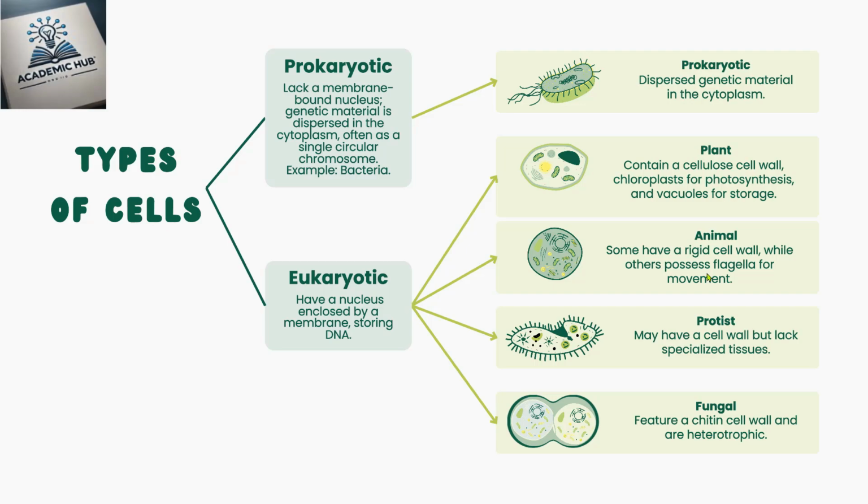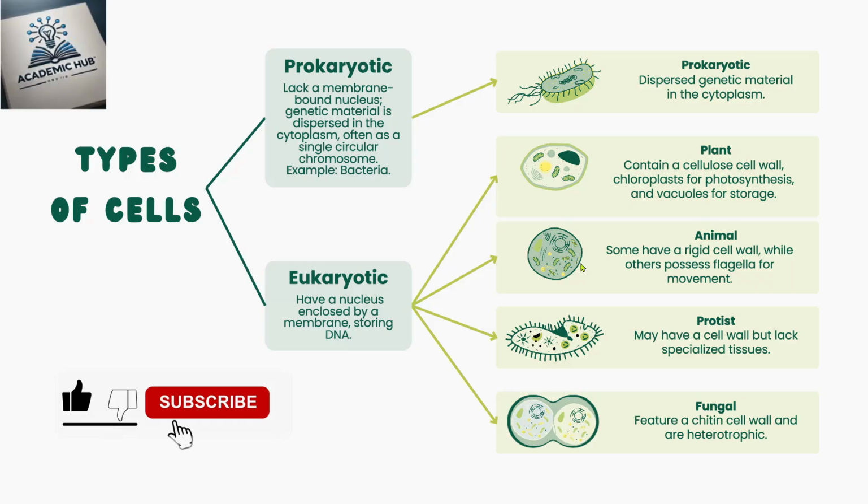Some key features of animal cells include the lack of a cell wall, meaning there is no cell wall. Animal cells rely on a flexible plasma membrane for structure. The plasma membrane is also known as the cell membrane.